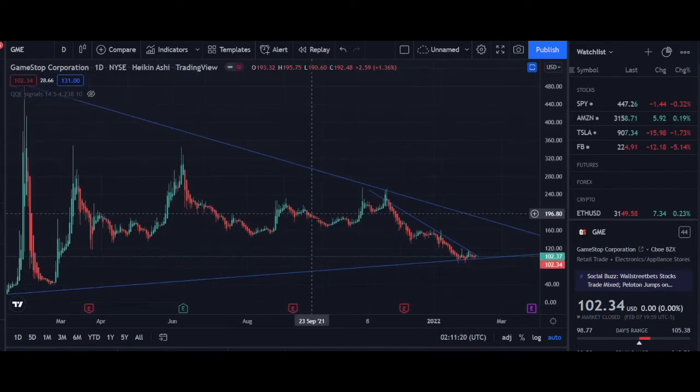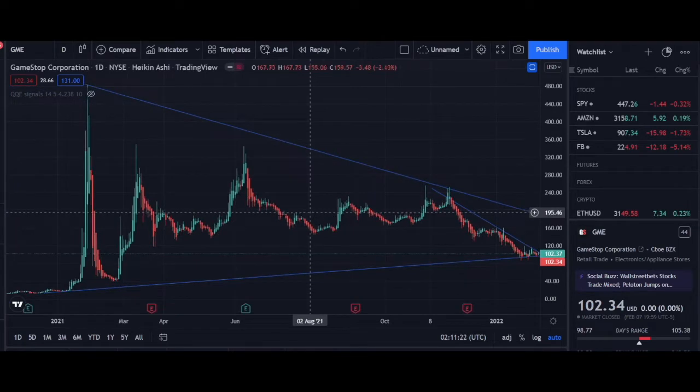So it would be really profitable if there would have been a way to predict this run up, and this run up. So let's see how we possibly could have done that.